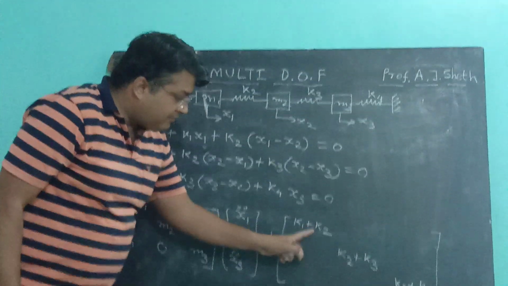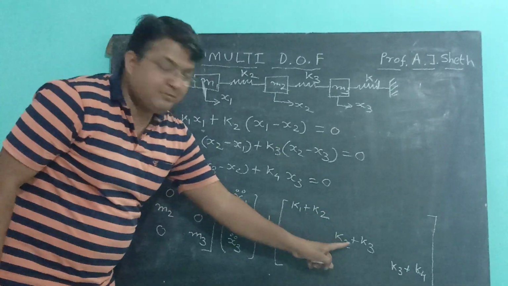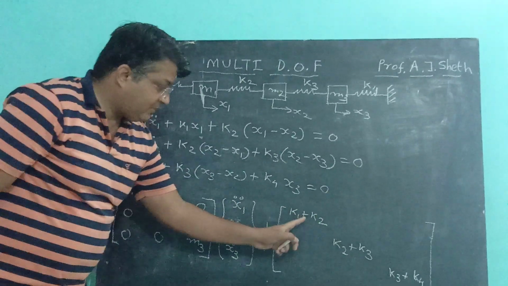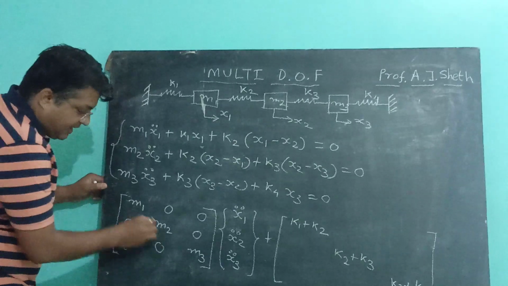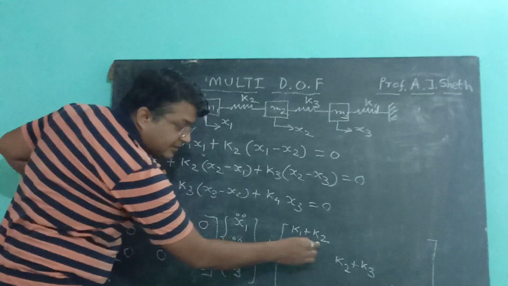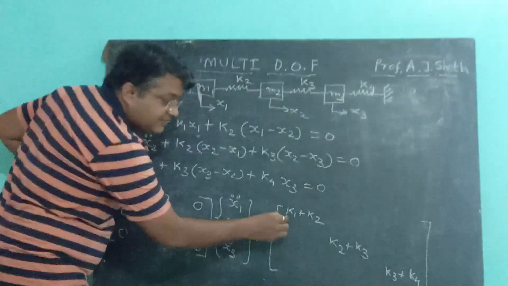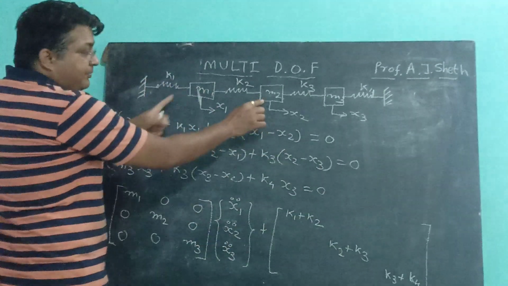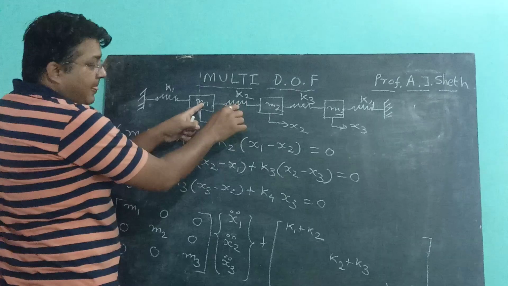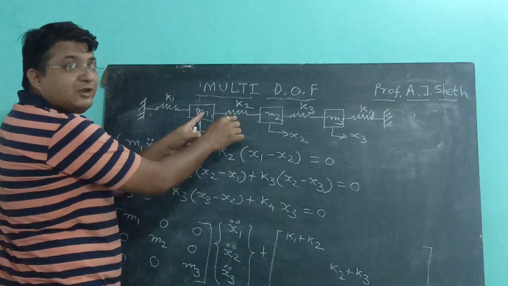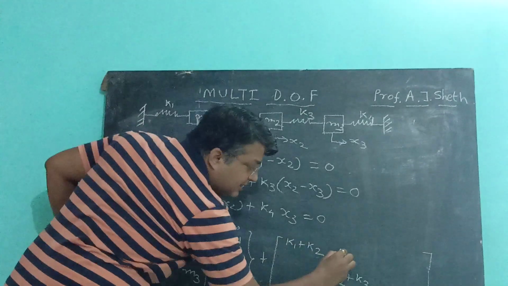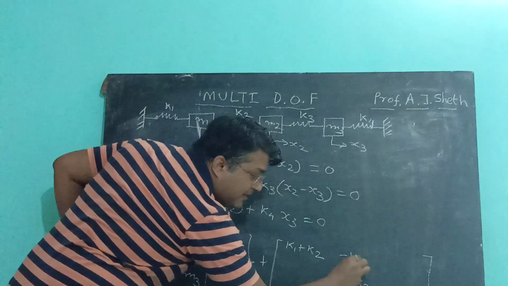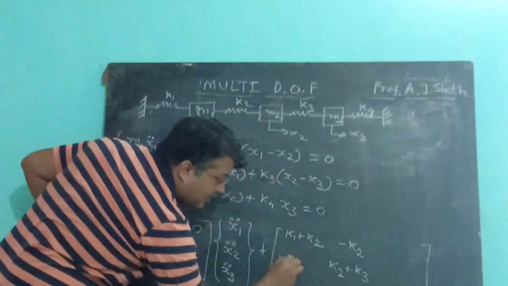Now masses m1 and m2 are interconnected by stiffener K2, so that is presented by a minus sign, minus K2.